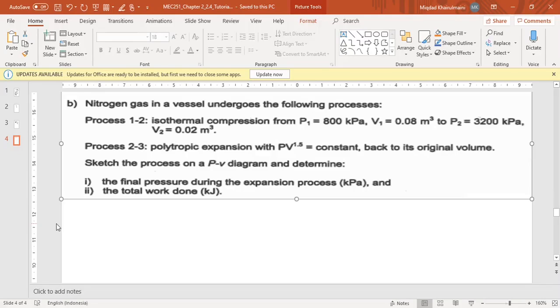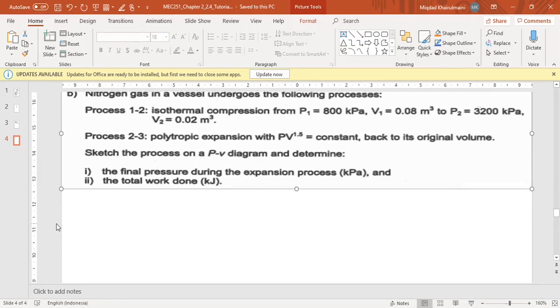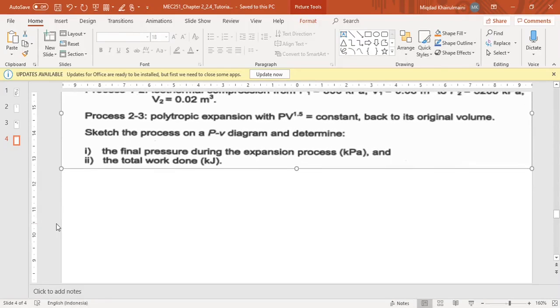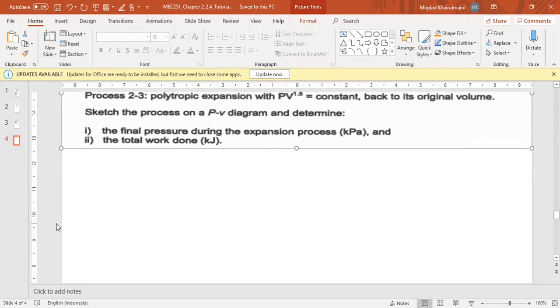So the gas is nitrogen. For gases, there are a few properties which are not given here, so we have to read them from the property table. We can open table A2.